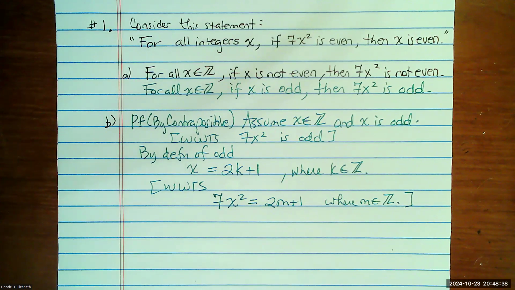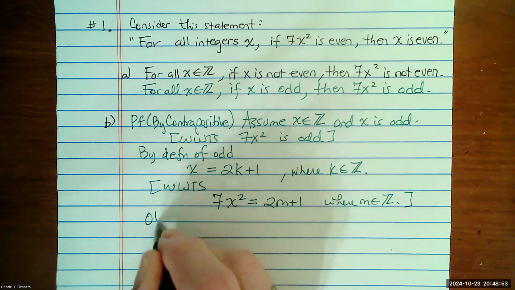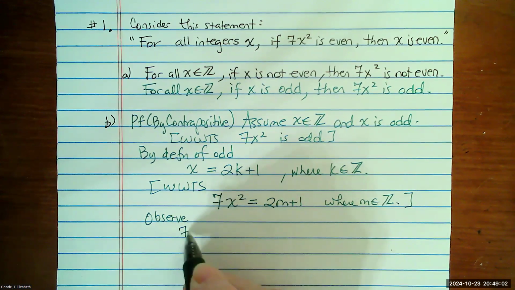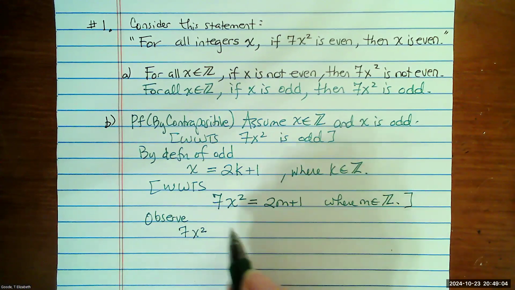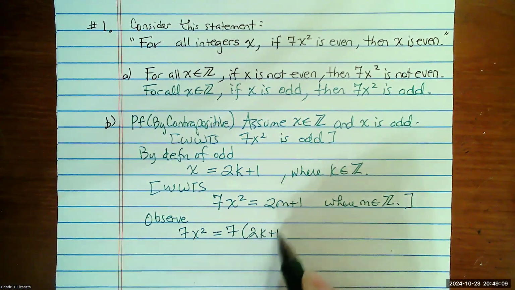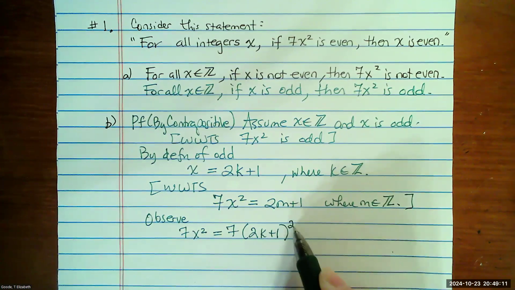So let's see, 7x squared equals, and then for my observation, now I have again 7 times 2j plus 1, or 2k plus 1 or whatever, squared.